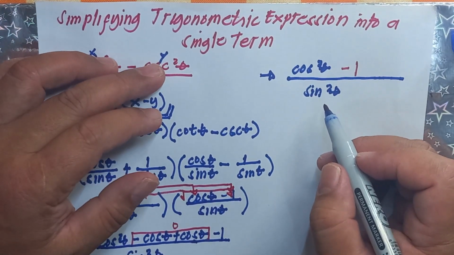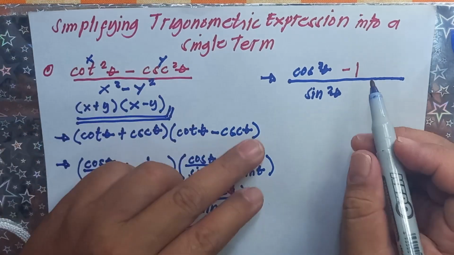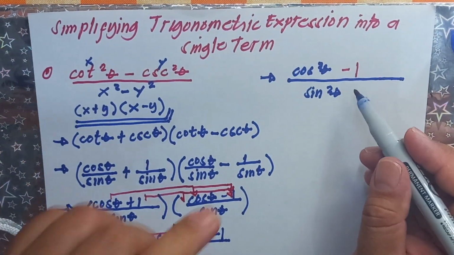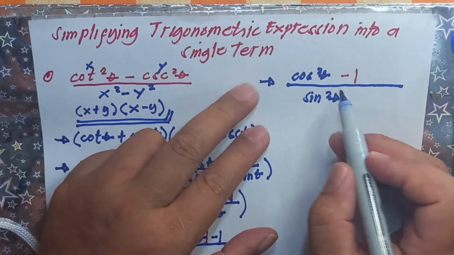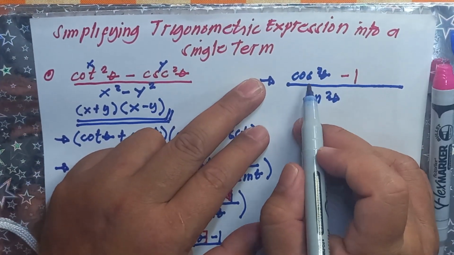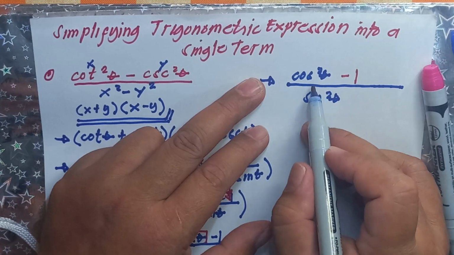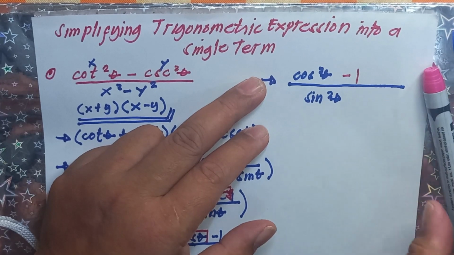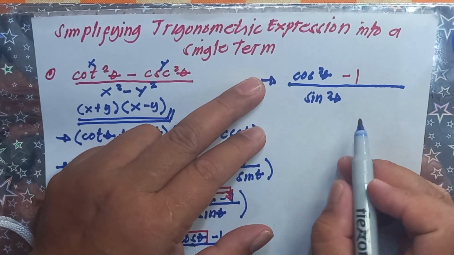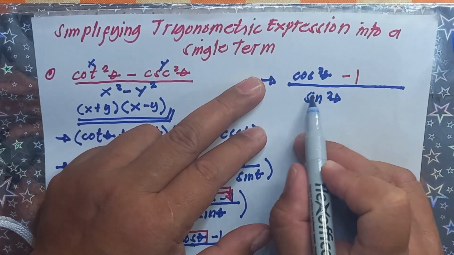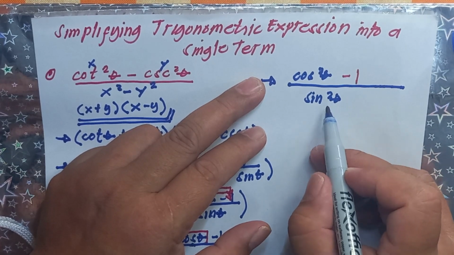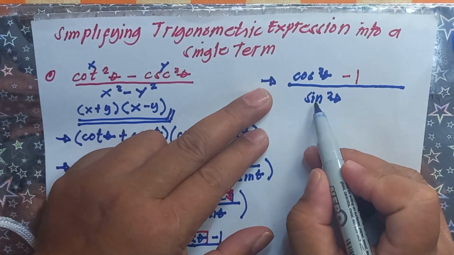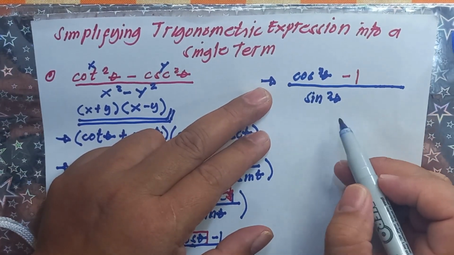Notice that when we analyze this, it is actually under the Pythagorean identities. So let's change the denominator in terms of cosine.